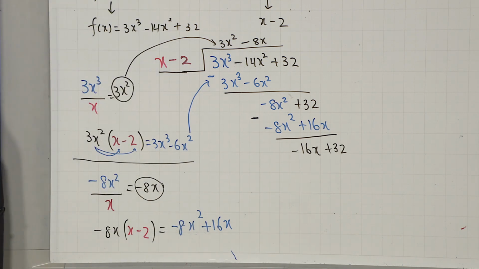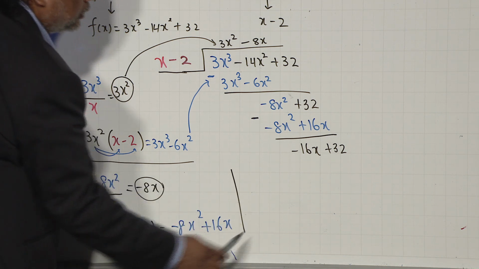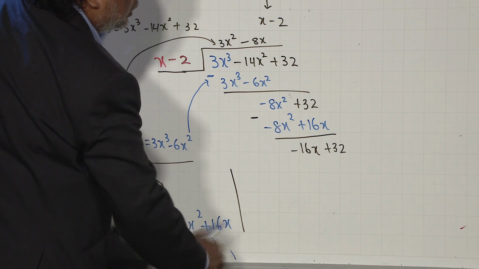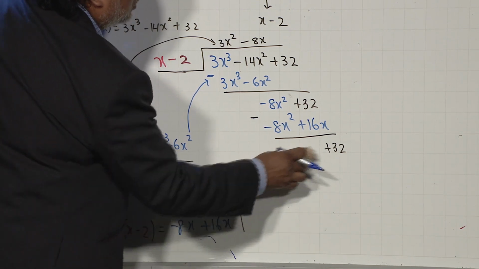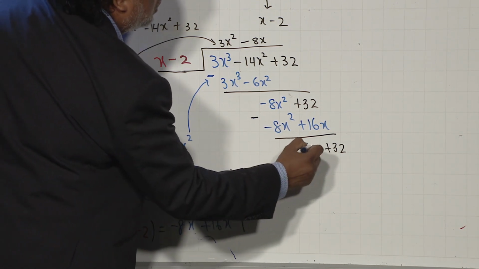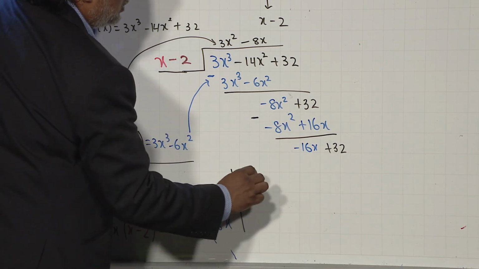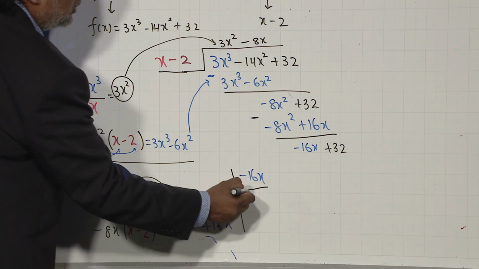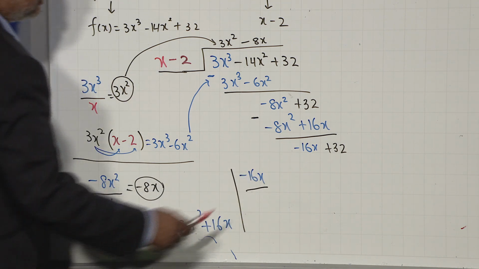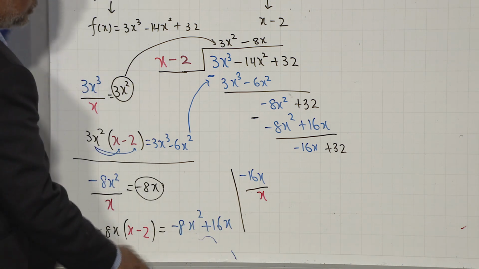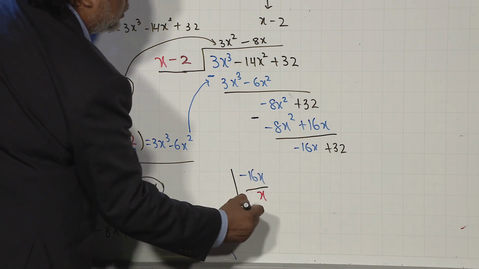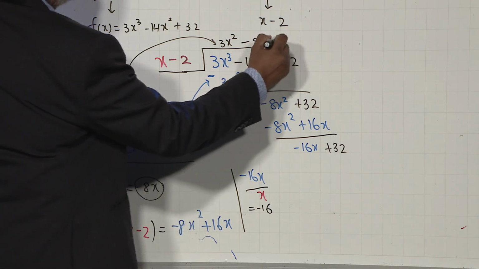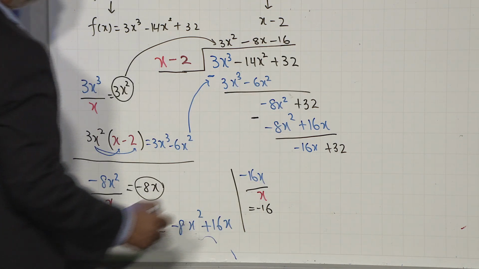We are going to repeat it again. Minus 16x divided by x gives me minus 16. I write it in the quotient, minus 16.